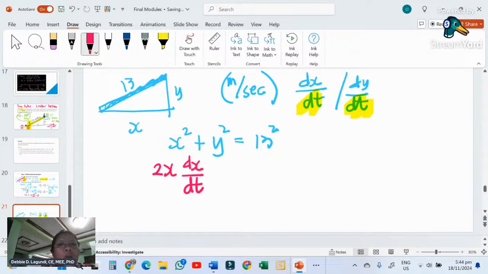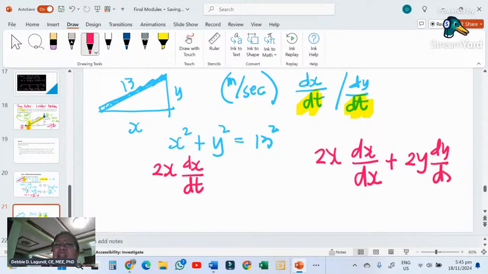A while ago, if you're going to differentiate it in terms of x, that is 2x dx over dx. This is what we are always doing. That's why I did that first before we change it to dy over dt. Plus 2y dy over dx. That is in terms of x. But now we're going to change that to dx over dt.